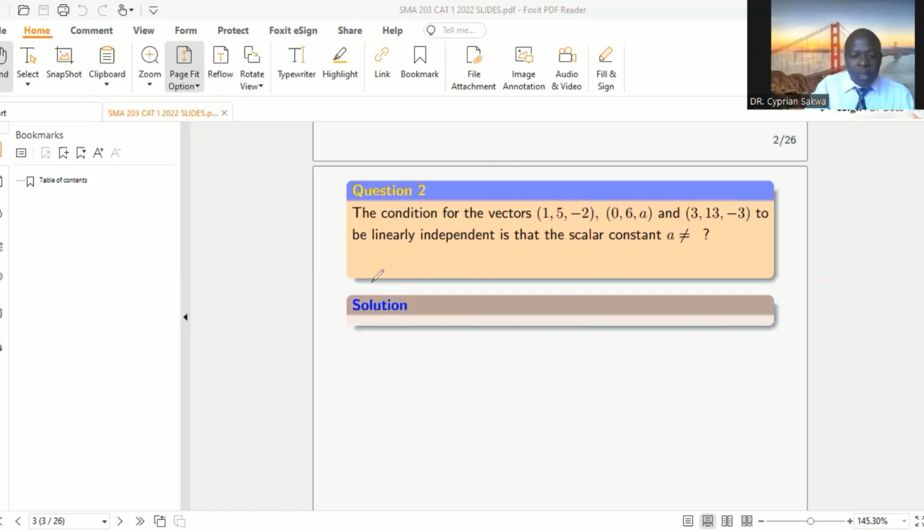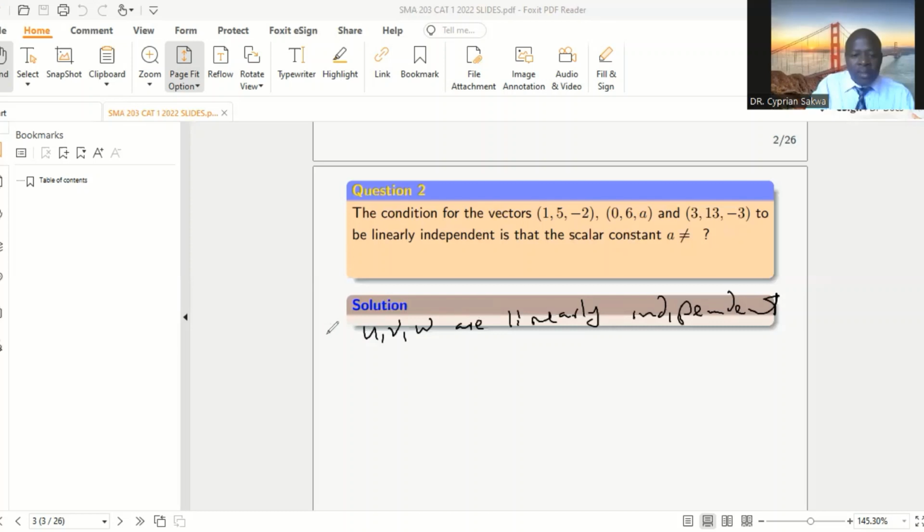I just want to take you through what I showed in a different video on linear independence. By definition, when do we say that vectors u, v, and w are linearly independent? That is very important so that we can solve this question.